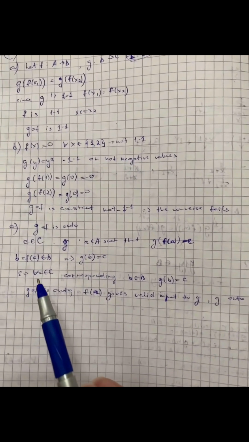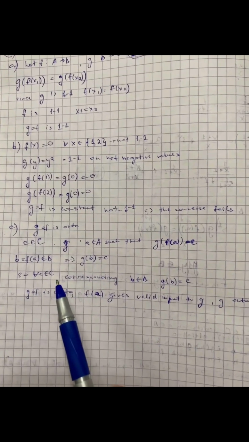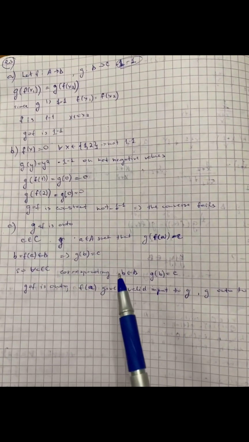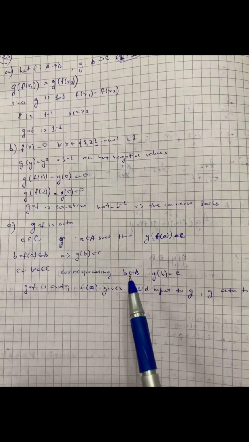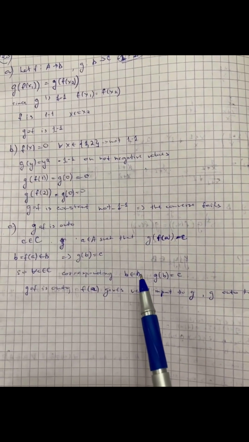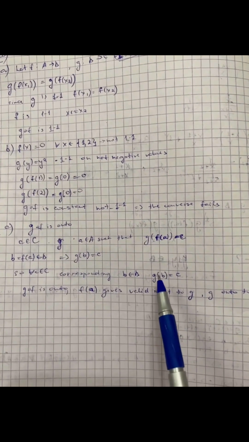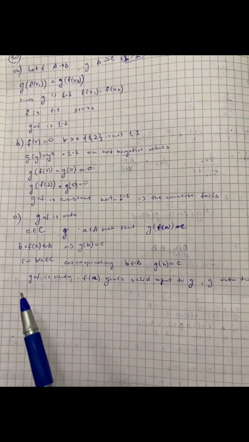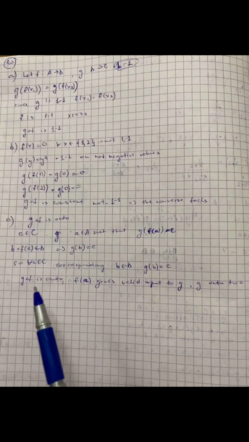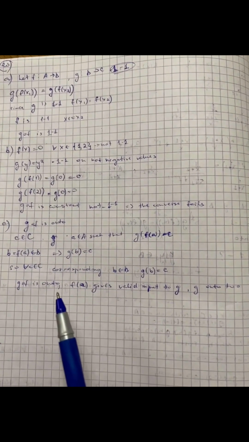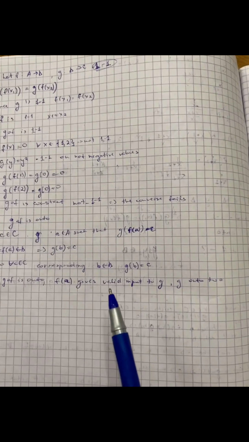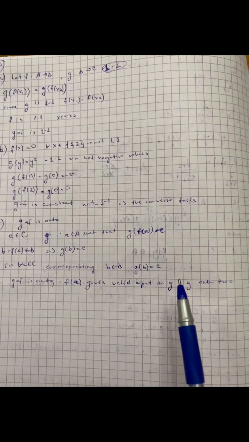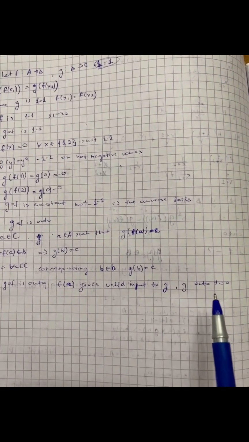So for every c value in C set there is a corresponding b in B set, g of b is equal to c. So this composition is onto. f of a gives valid input to our g function, and g is onto.